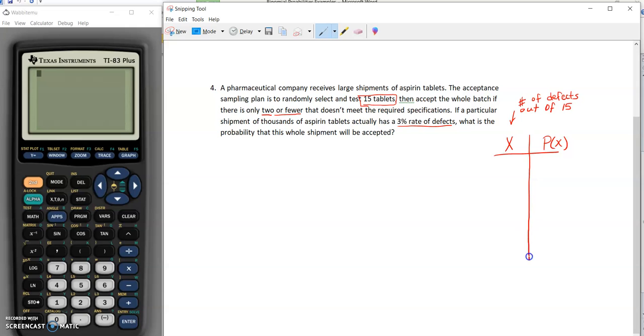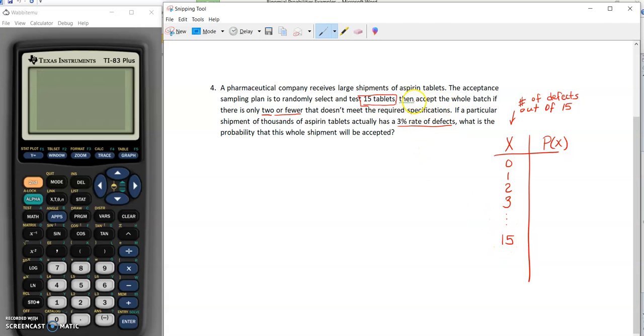We're not going to fill out this whole table, but this column goes all the way from 0 up to 15. Zero means I tested 15 tablets and 0 of them had a defect, meaning they were all good. One means I tested 15 tablets and 1 of them had a defect. This is the number of tablets that had a defect. If we got to 15, that meant when we tested 15 tablets, all 15 were defective. That would actually be really bad.